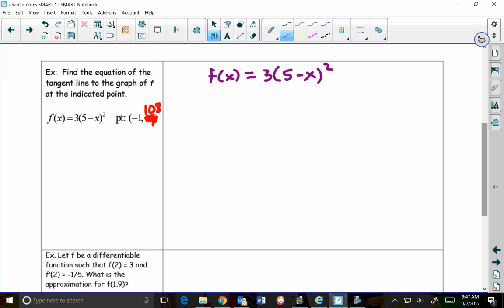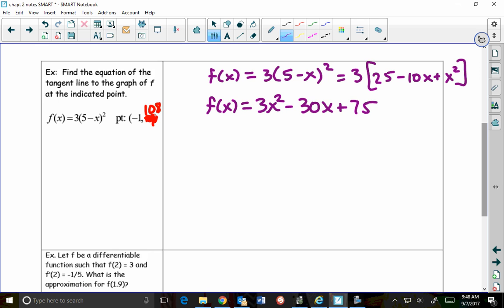Try to do it from this. It's the same. Still good?